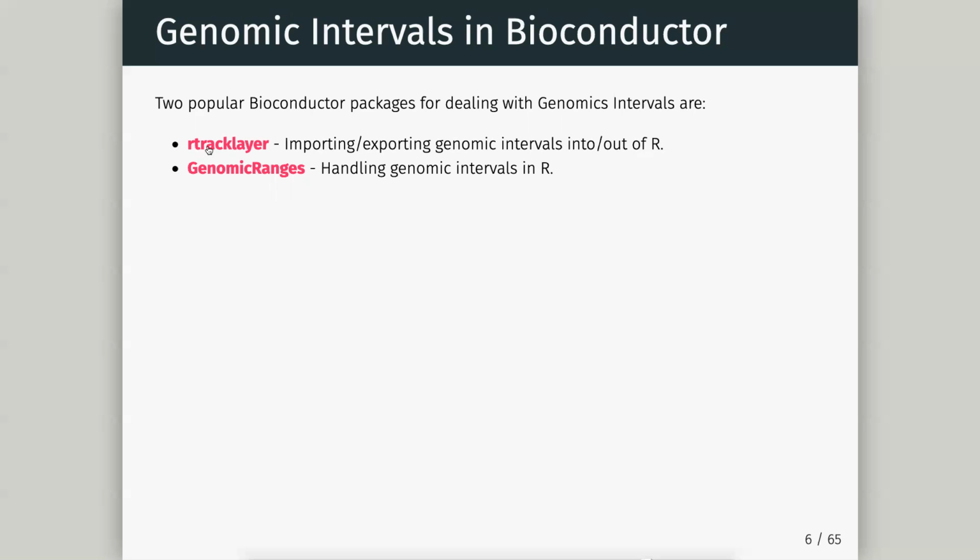It's going to handle import and export of genomic intervals, not just bed files, but we'll see later, bigwigs and BAM files can all be read in using rtracklayer. So this is our I/O for genomics data. And in terms of intervals, GenomicRanges is what has the tools we need.